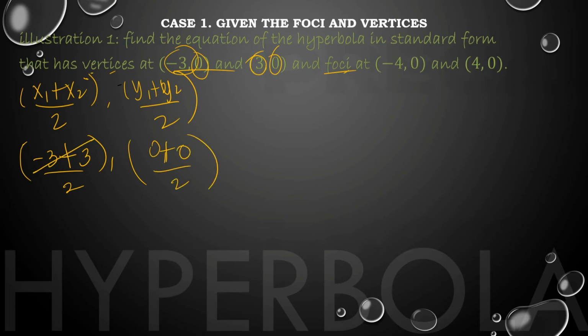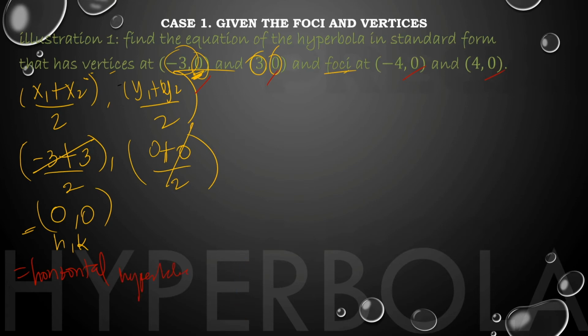So, 0 na yan. So, ibig sabihin, yung center natin ay nasa origin. And then, mapapansin natin, yung mga y-coordinates nila ay nasa 0. So, ibig sabihin, nakaparallel yung transverse axis at x-axis. Ibig sabihin, isa siyang horizontal hyperbola.